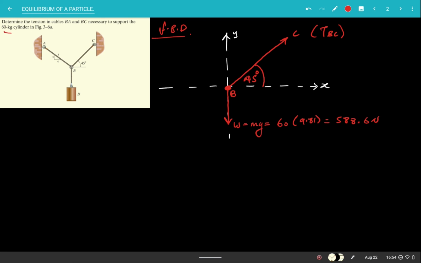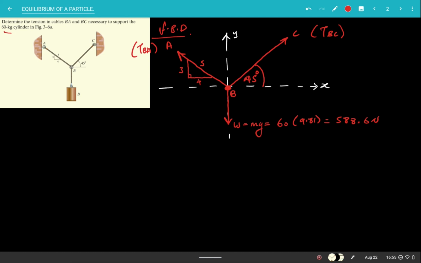Then we also have the tension in this direction. Now this tension is given a 3-4-5 triangle representation. So we have the 3-4-5 triangle, 3, 4, 5. This tension is headed to A. So this is tension BA.